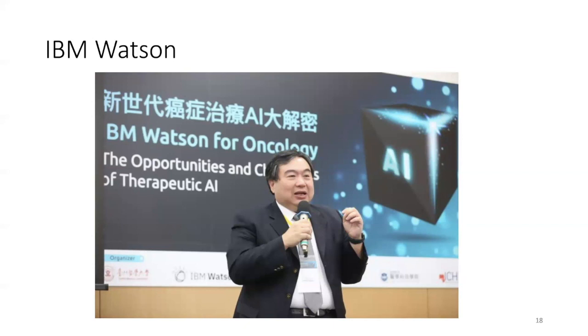And IBM Watson, I think you all know, is a big name in artificial intelligence. Though there are lots of comments about its usefulness in oncology, at least it is a very early example of using the computer to help oncologists make diagnoses and therapeutic plans for clinicians.